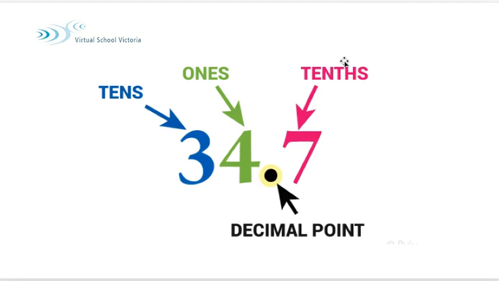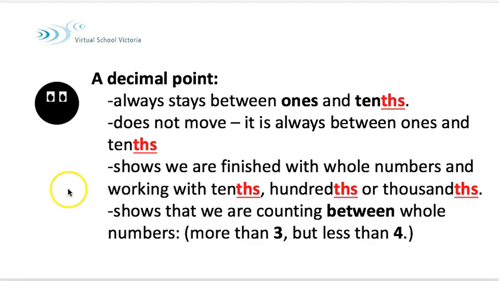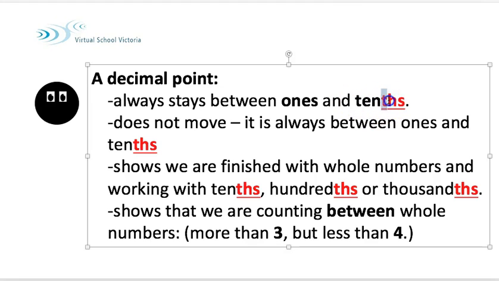People often talk about the decimal point moving, but what it is, it's the numbers or the columns. They get bigger and they move the columns, but the decimal point will always stay between the ones and the tenths. Now let's have a look if we remembered what a decimal point does in the number system. It always stays between the ones and the tenths.